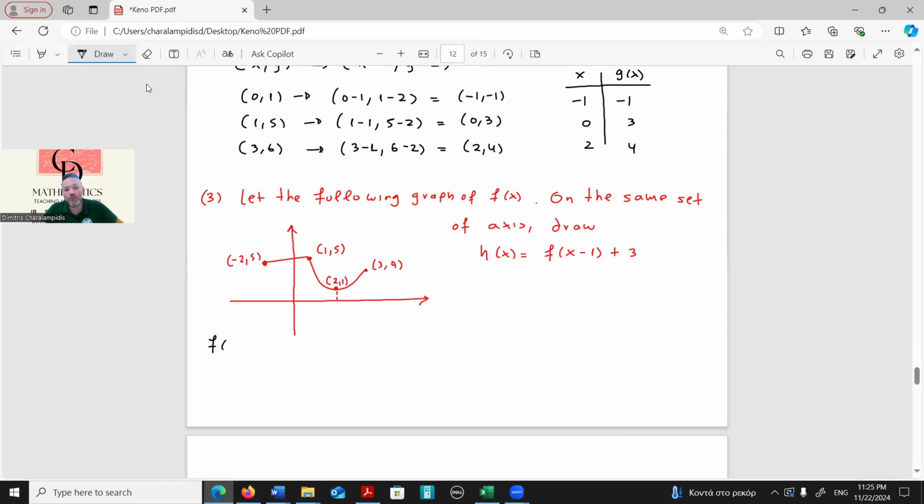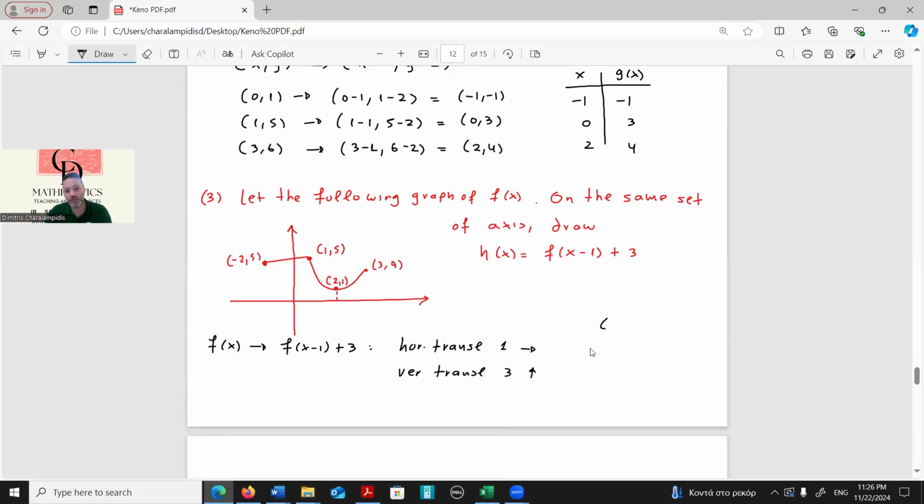In order to go from f of x to f of x minus 1 plus 3, I should do a horizontal translation of 1 unit to the right, which is then followed by a vertical translation of 3 units up.